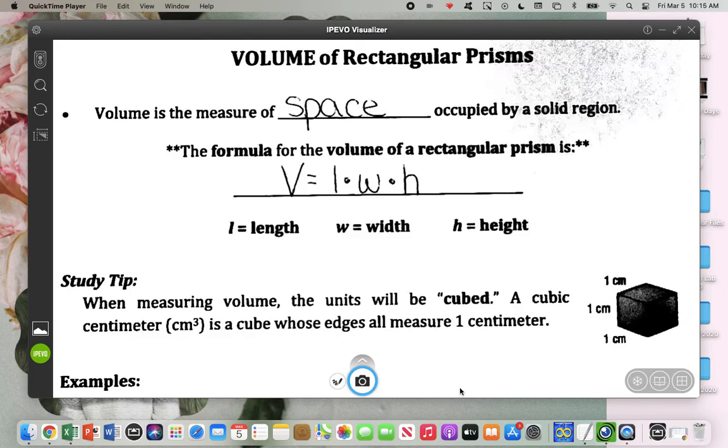Whenever we're measuring volume for a rectangular prism, we are trying to figure out how many cubes we could fit in that. So for our labels, if it's centimeters, we write centimeters cubed. If it's inches, we say inches cubed. It just depends on what measurement we are using.